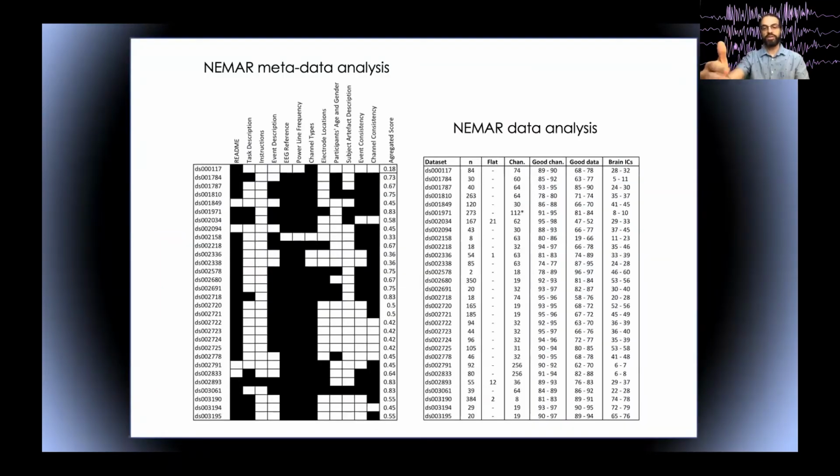This is the list of datasets that we are planning to make available. These are OpenNeuro datasets, identified by these numbers, and they have different types of metadata information. We also calculate the number of good channels, good data, and brain ICA components. For each of them, we run them through a pipeline very similar to what I showed you, and we'll give statistics.